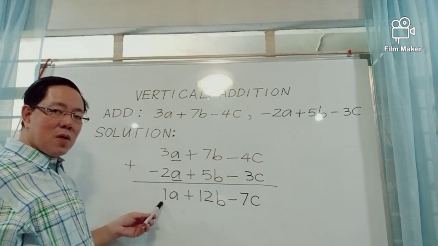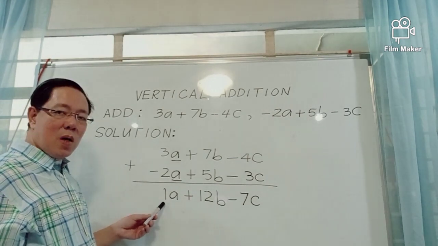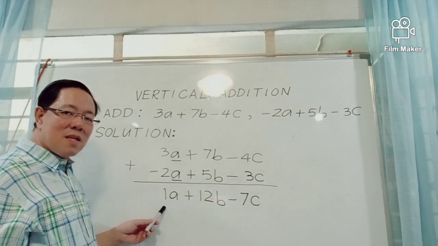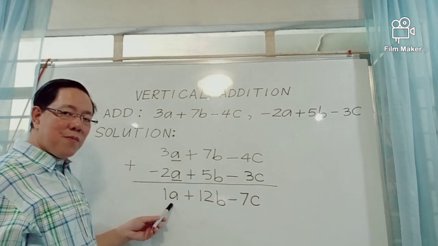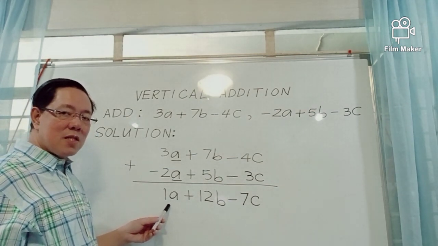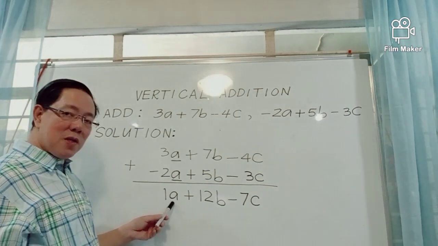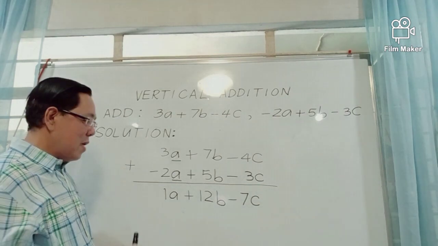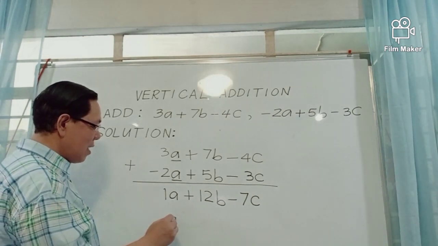In the first term, the coefficient of a is 1. It is a common practice that when the coefficient of the term is 1, we omit the number 1 and we simply write a.